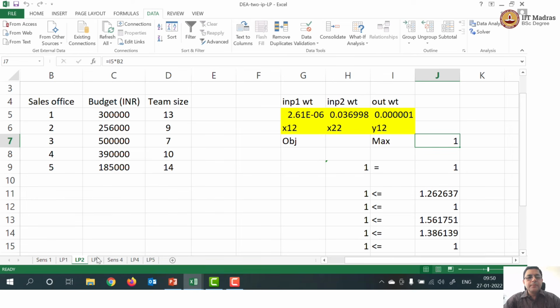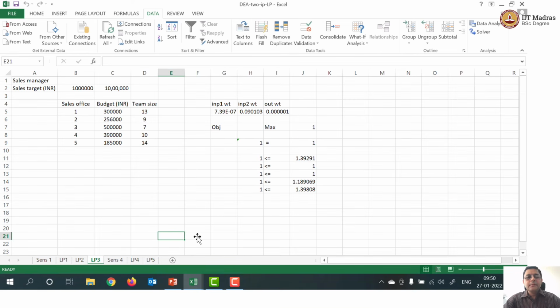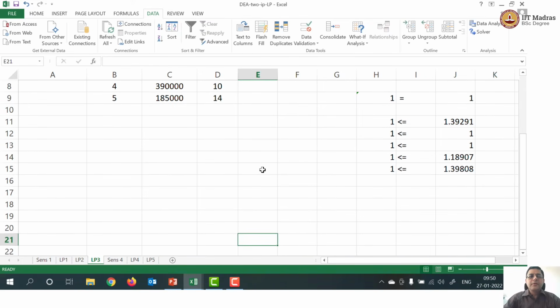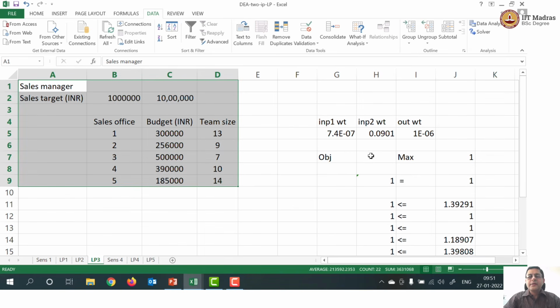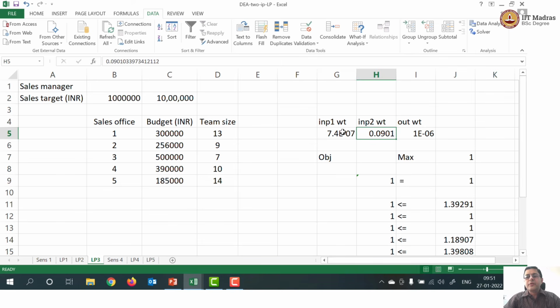Let us look at the third sales office solving its own problem. Now let us do even lesser. Once again, the data is not changed, the data is still the same. This DMU tries to assign some input weights and output weights.